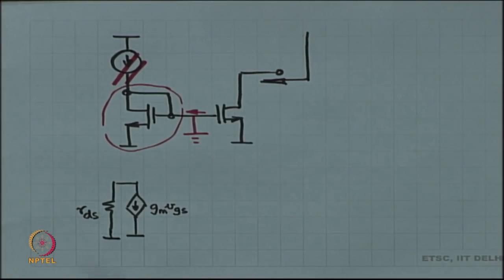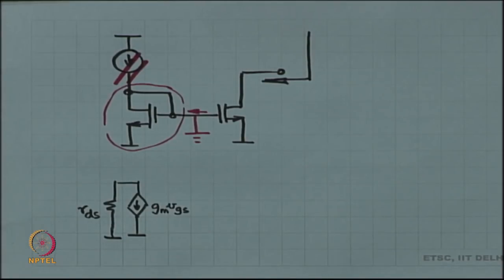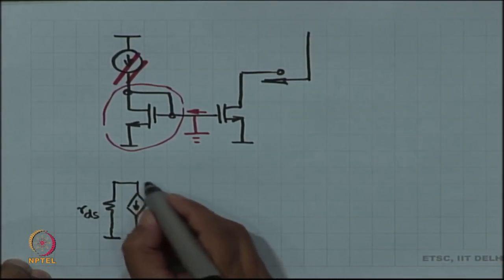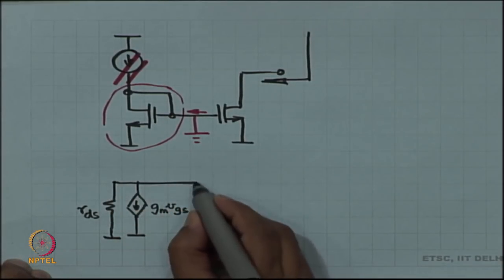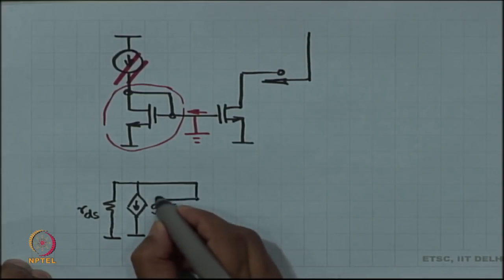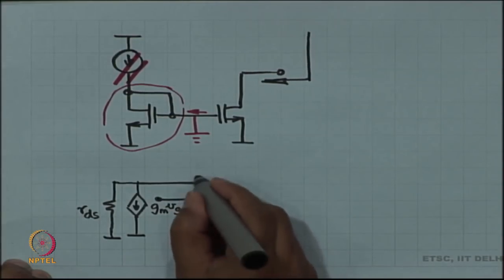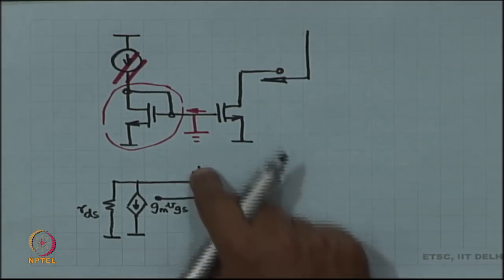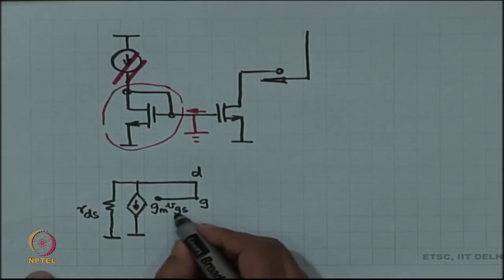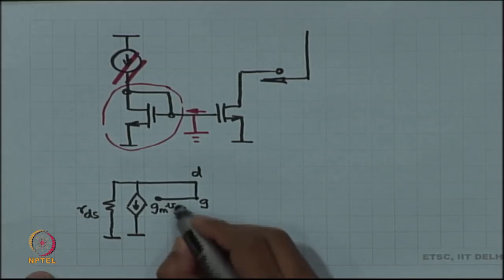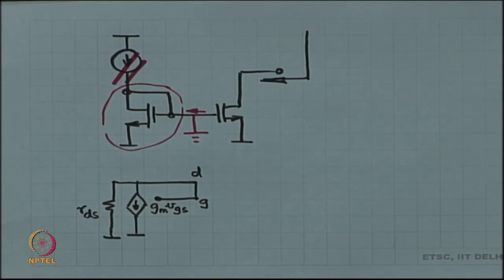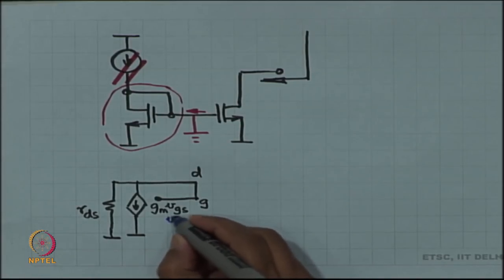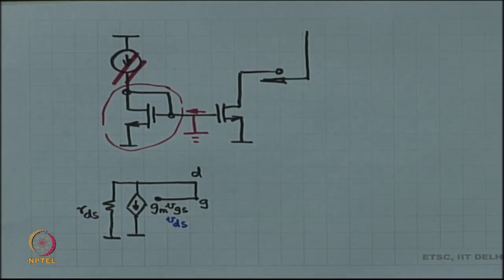GMB is not required because both body and source are at ground. Gate and drain are connected together, which means VGS is equal to VDS. Okay.